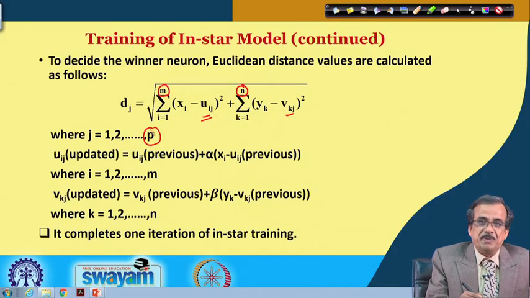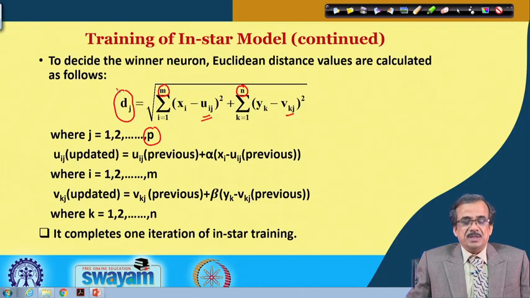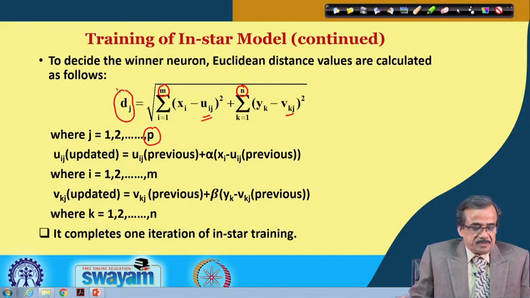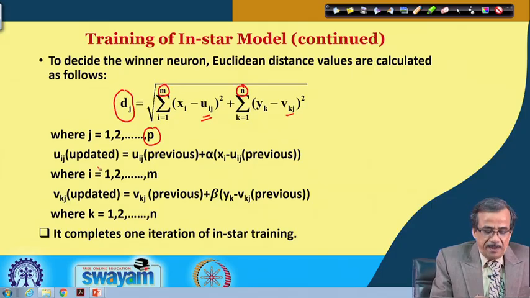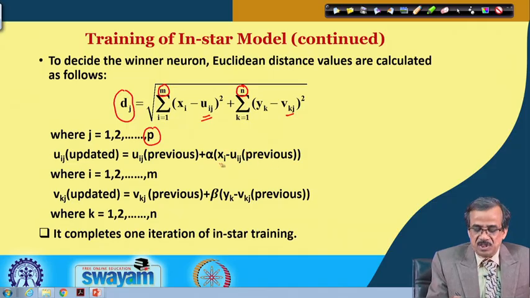So, for each of these particular hidden neurons, we try to find out what is this d value, and then we compare which hidden neuron is going to give the minimum d value; that will be declared as the winner. Now, here the connecting weights, that is u i j, will have to be updated using this particular rule: u i j updated is nothing but u i j previous plus alpha multiplied by x i minus u i j previous.